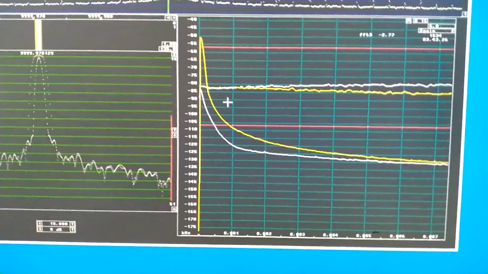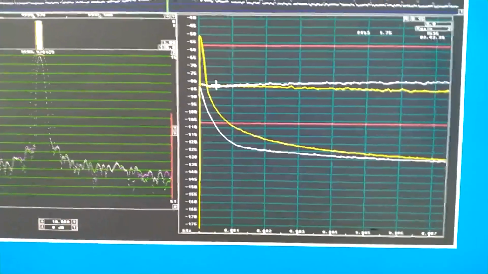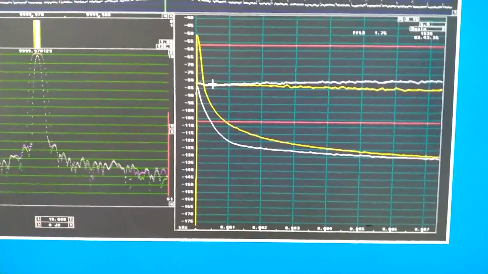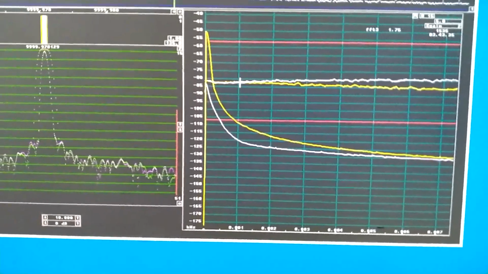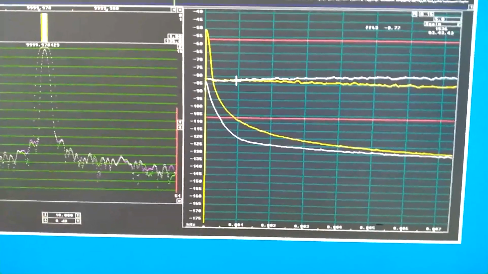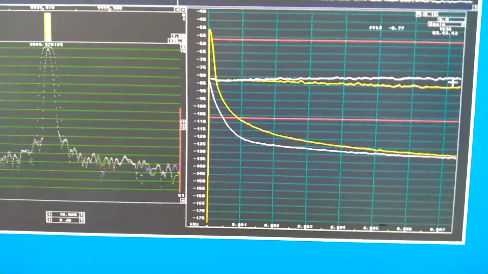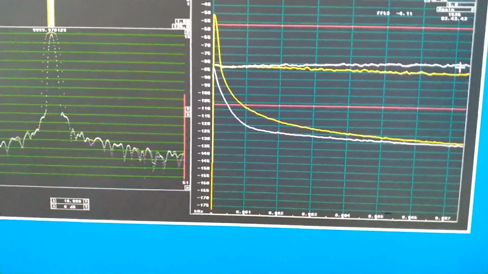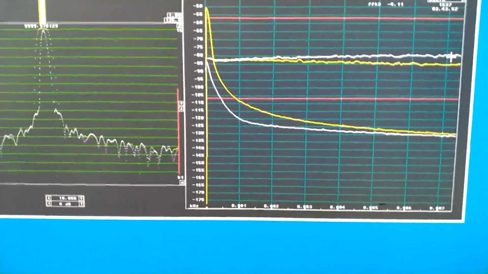And as expected, at very low offsets, half a hertz up to 1 hertz, the correlation is very small, while it is growing slowly with increasing offsets.